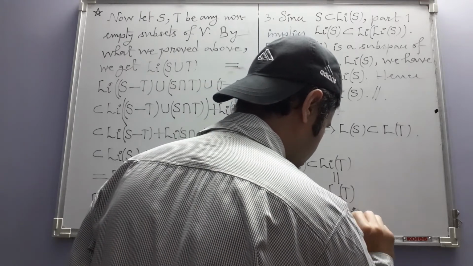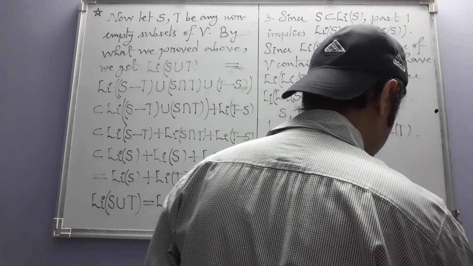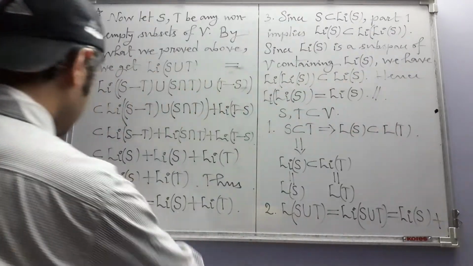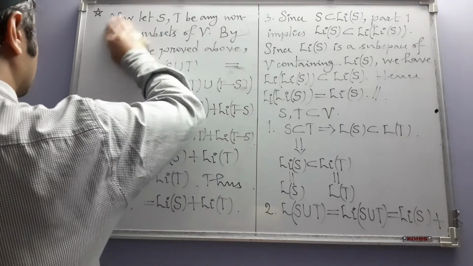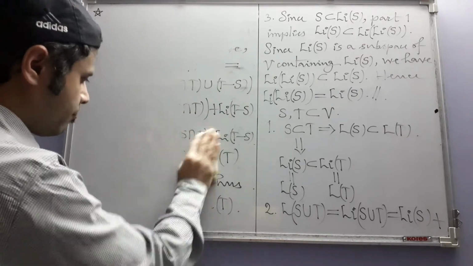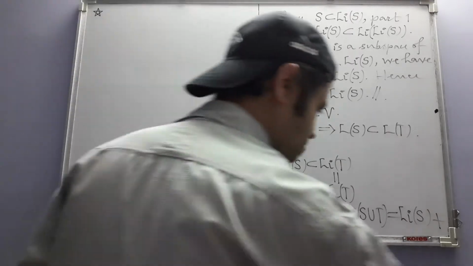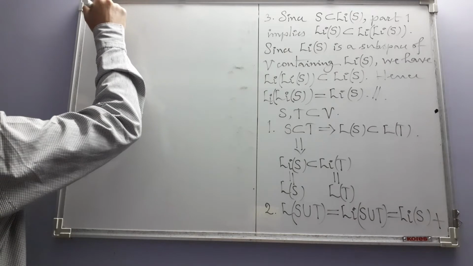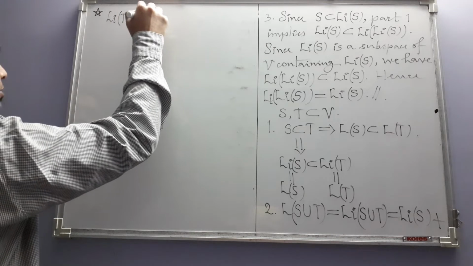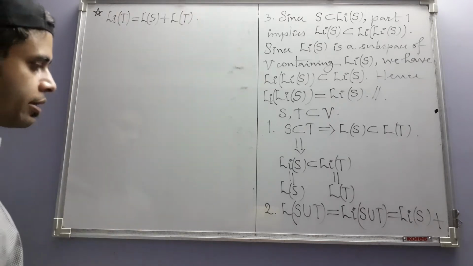So this is nothing but Li of S union T, which according to what we have proved already, is Li of S plus Li of T. And again, you can write Li of S as L of S and Li of T as L of T. So that gives you part 2.